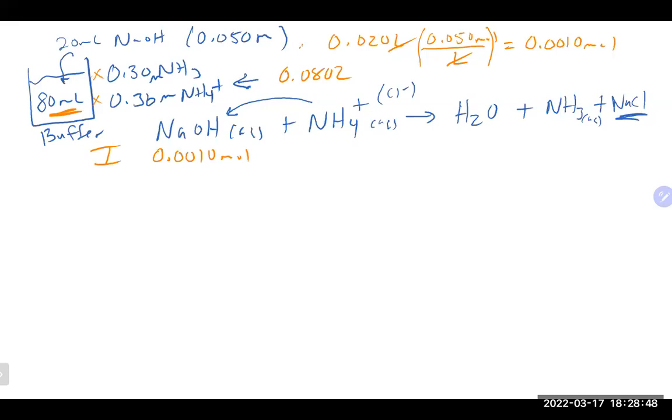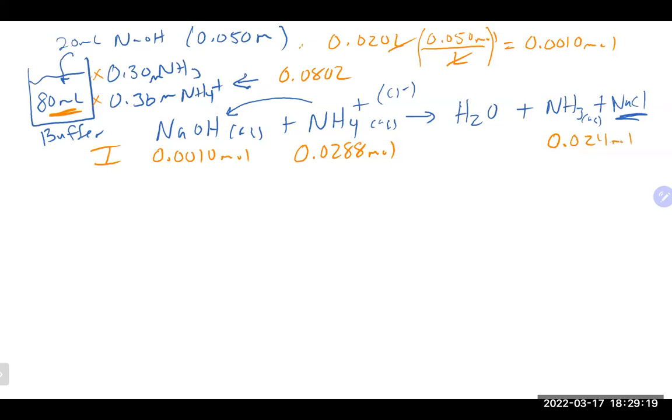So we'll take 0.080 times 0.36 for our NH4 plus, which would give us 0.0288 moles. Again, we would take 0.08 for our 80 milliliters and multiply it by 0.3 molar to get our moles of the ammonia on this side.